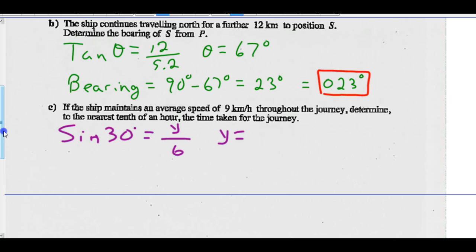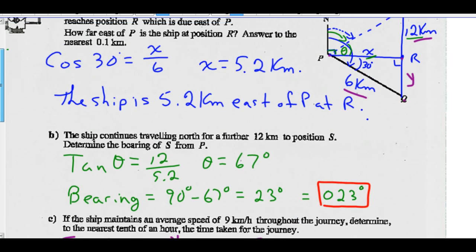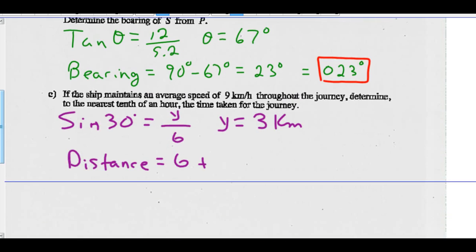So if I solve for y, 6 times the sine of 30 equals 3 kilometers. So now I know my total distance traveled. It went 6 kilometers from P to Q. It went 3 kilometers from Q to R. And it went 12 kilometers from R to S. So the total distance traveled is 21 kilometers.